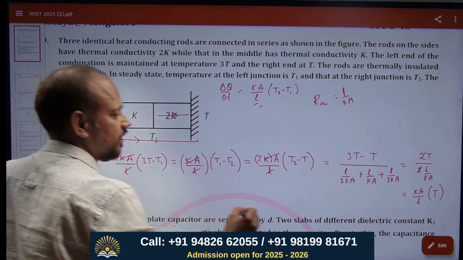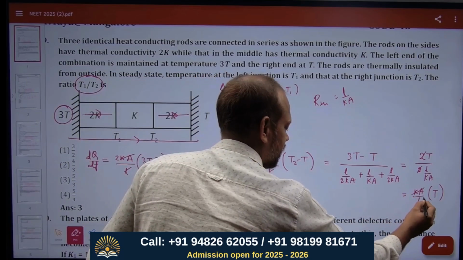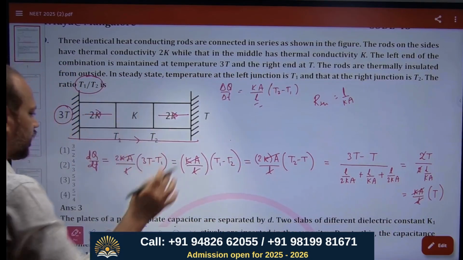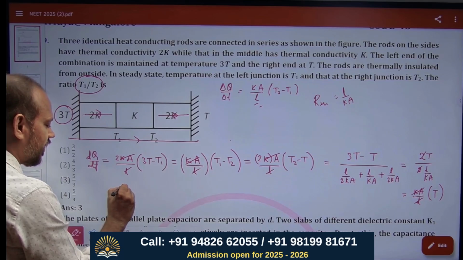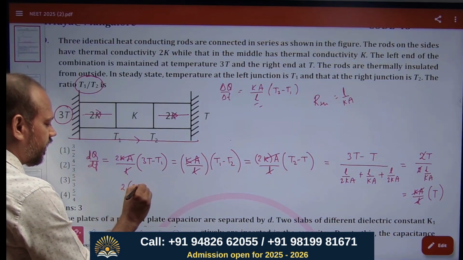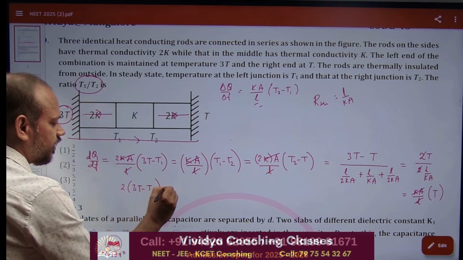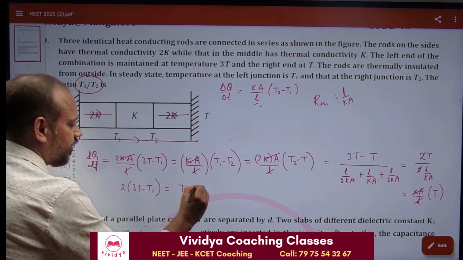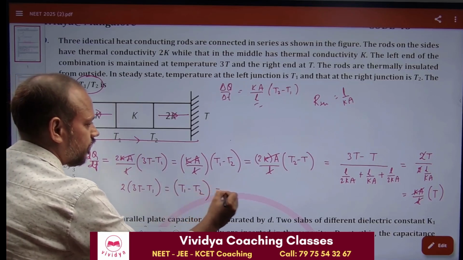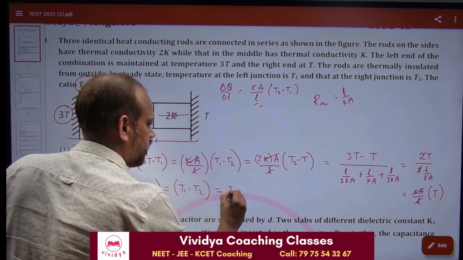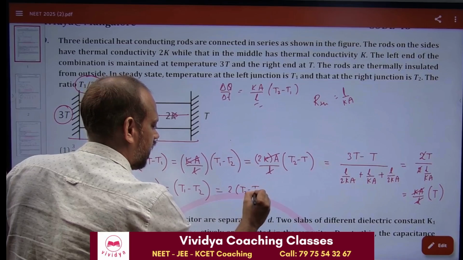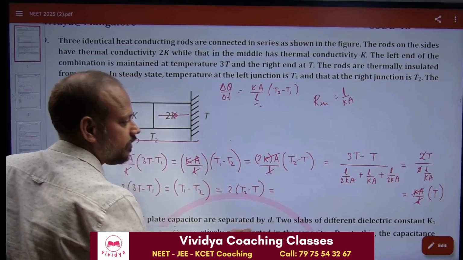Here also we got KA by L cancelled. So the formula will simplify a little bit. It will become 2 into (3T minus T1) is equal to T1 minus T2, is equal to 2 times (T2 minus T), and it is also equal to T.